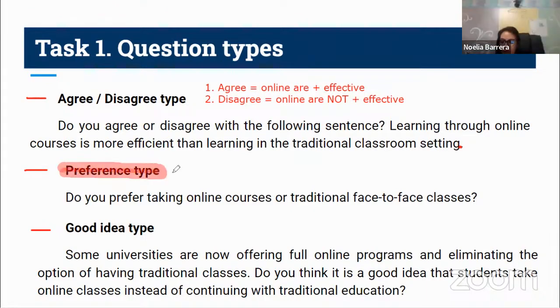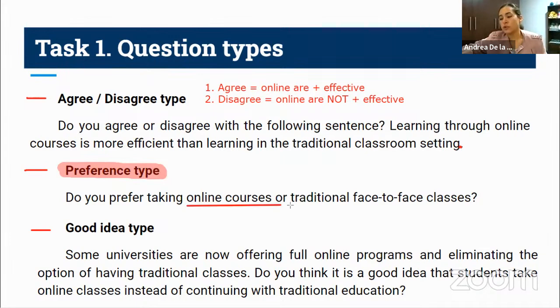Yes. The next one is preference, where they ask you about your preferences. So it could be like, do you prefer taking online courses or do you prefer traditional face-to-face classes? This is a little bit more personal, but you have to answer in this exact same way. You could say, I prefer online courses, that's option one, or I prefer traditional classes.